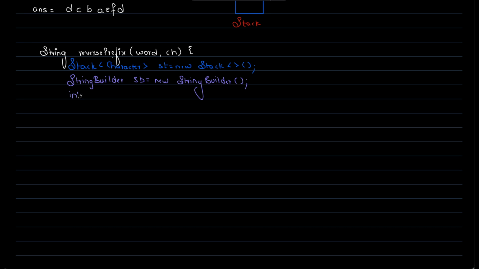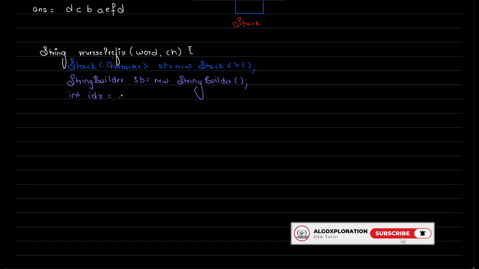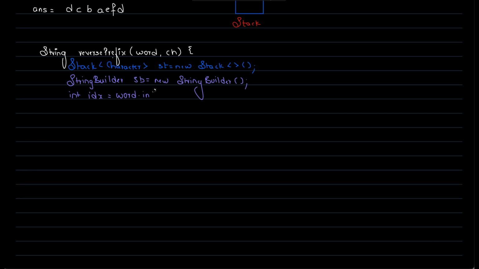So int idx equals, there is a function in Java which gives me the index at which the character is present inside that word: word dot indexOf, and over here I need to pass the character. If the character is not present inside the word, this function will give me -1, stating that the character is not present.